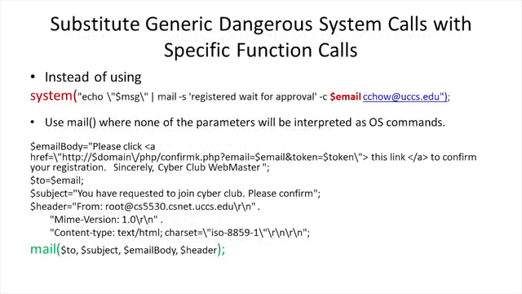One of the key guidelines in good coding practice or patching is to substitute generic dangerous system function code with very specific function code. Instead of using the generic function code to perform functions such as sending email, creating directory, we should use specific function code like the mail function provided by the programming language.